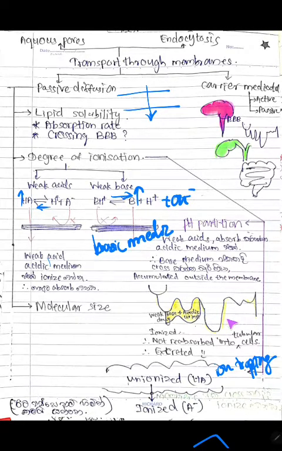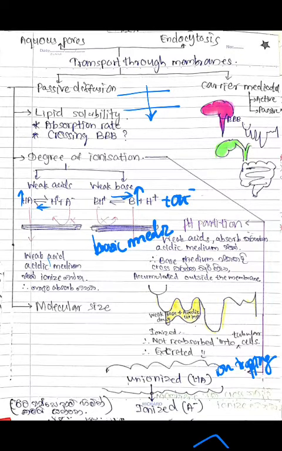For example, when excreting a drug through the kidney, in the kidney tubule, if we have a weak base along with acidic urine, then it will be ionized, and the ionized form is not transported through the cell membrane. Therefore, it cannot be taken into the renal tubular cells. If it is not reabsorbed in the renal tubules, it is happily excreted from the body with urine.